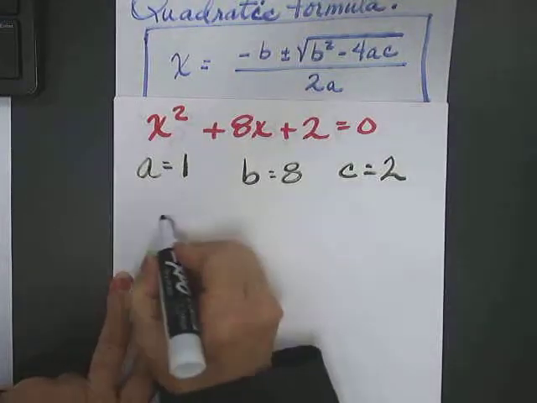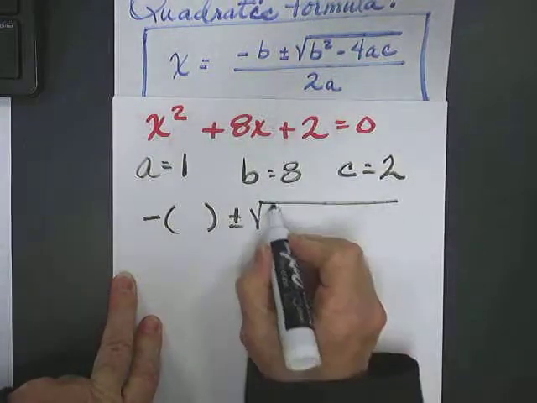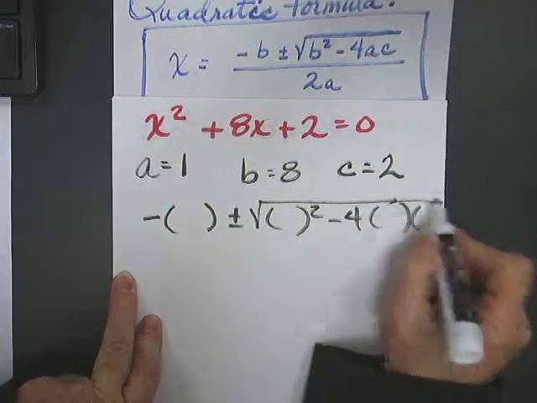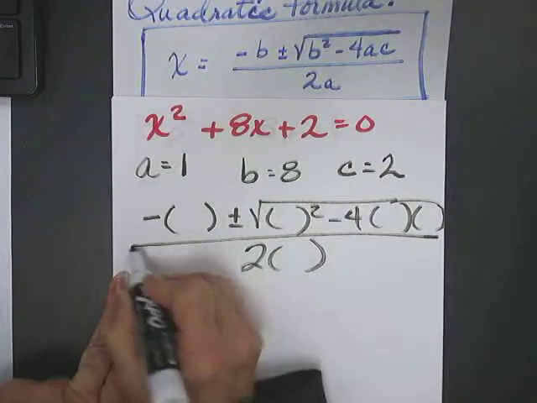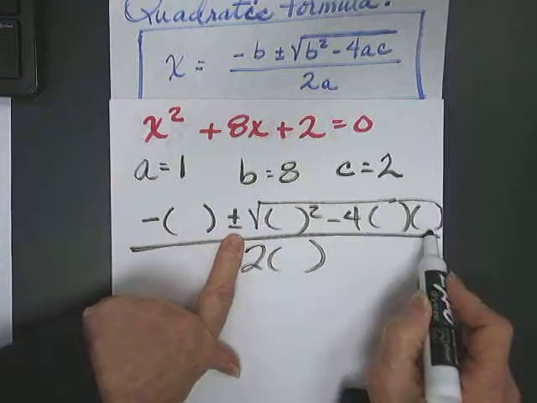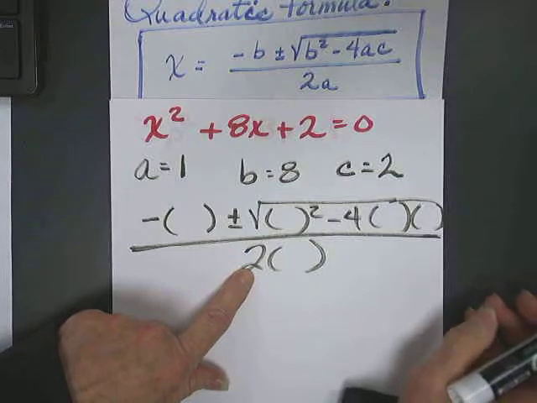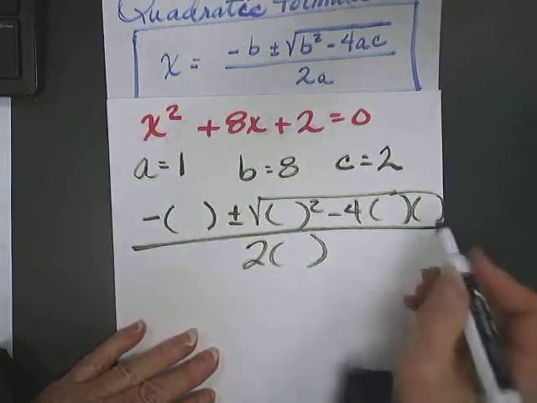And the best way to do this is to leave parentheses everywhere there's a letter. And then that's all over 2a. Make sure you put this all the way under it, not just under this part. This whole thing on top goes over 2a, not just that part of it.